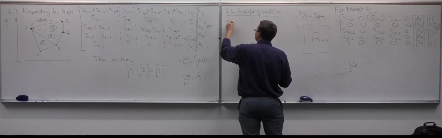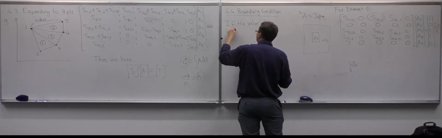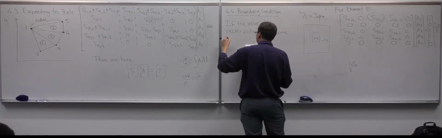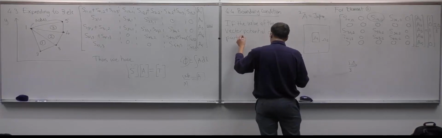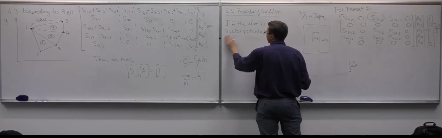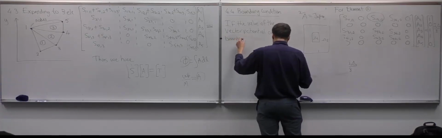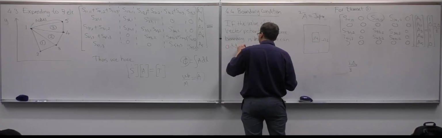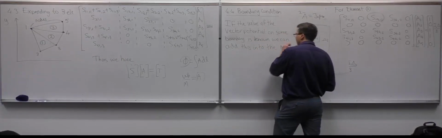So if the value of the vector potential on some boundary is known, we can add this into the matrix formulation.